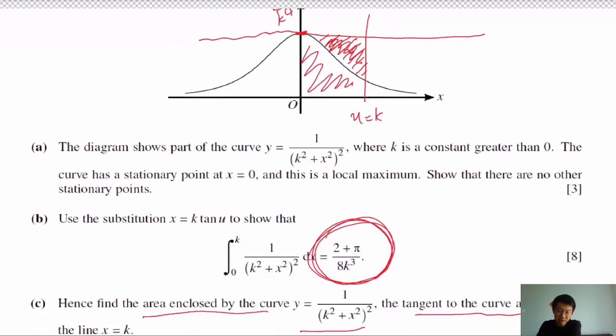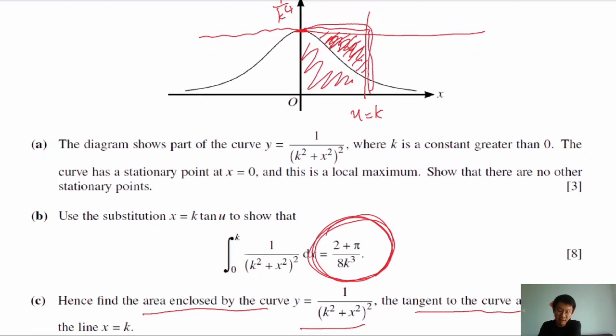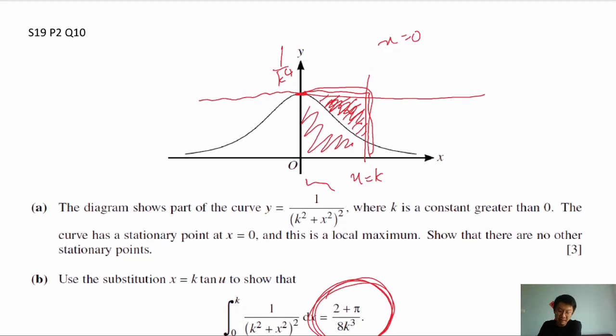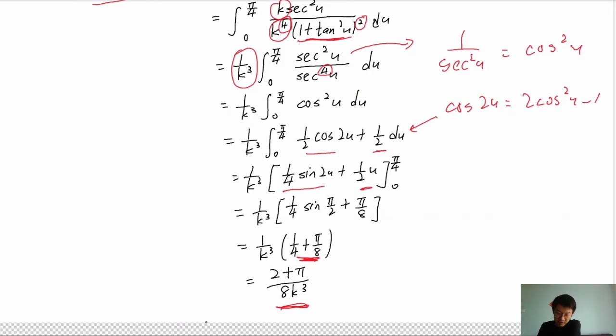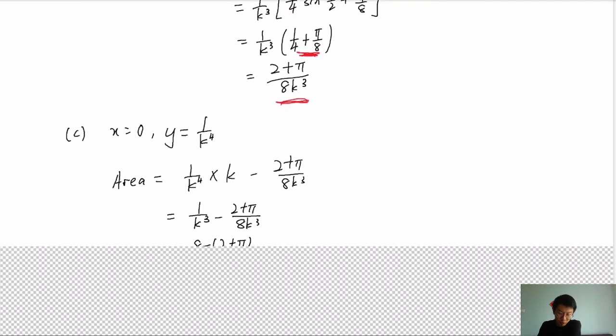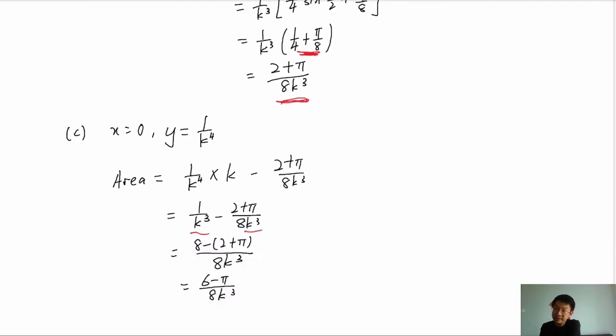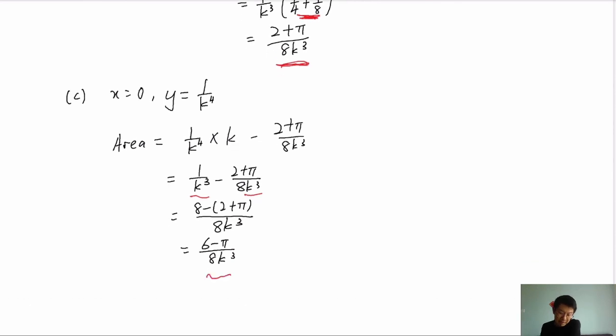So we just use the area of this rectangle, base times height, which is 1 over k power 3. We minus off the area that we have shown in part 2, combine these two fractions as a single fraction, and we get the area, which is given by this expression.